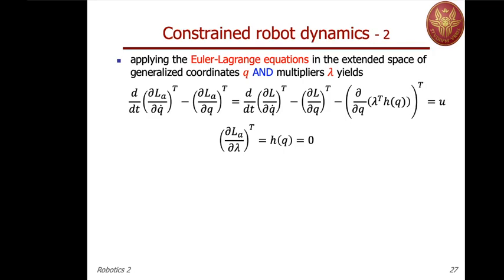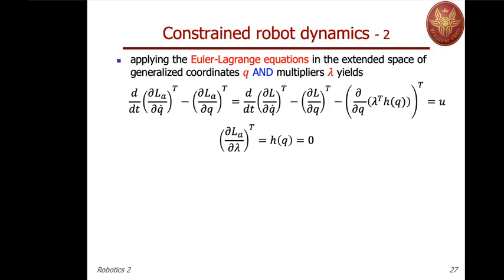Now, the Euler-Lagrange equation applies as well in this extended space, provided that we treat the lambda as additional generalized coordinates. So we write the Euler-Lagrange equation both in terms of q and of lambda. Indeed, in the augmented Lagrangian, q appears together with its time derivative, while multipliers lambda appear in a linear fashion without any time derivative.